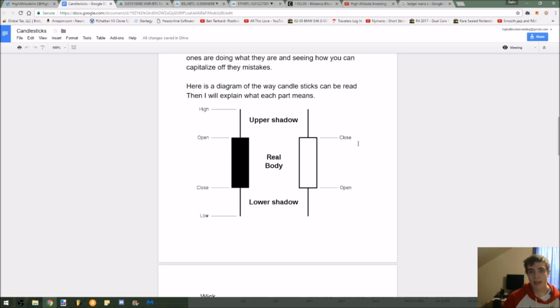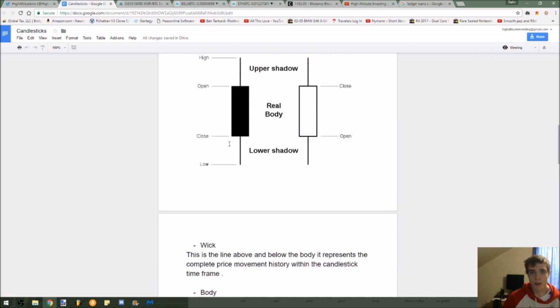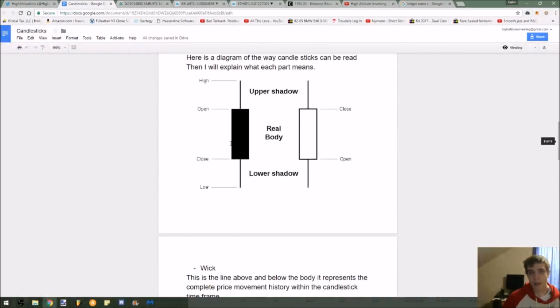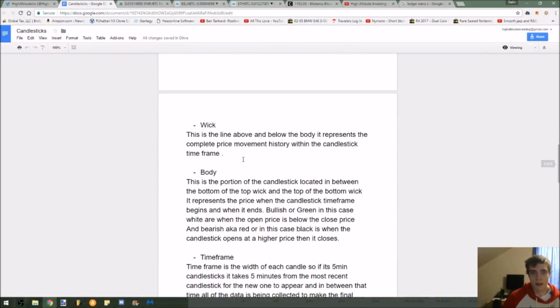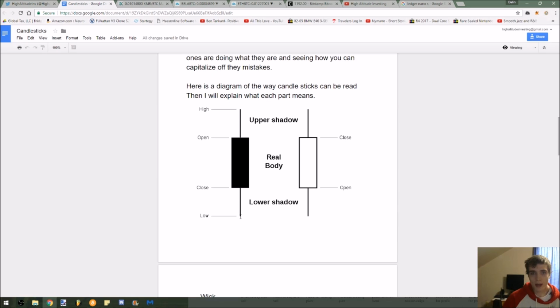So let's just say that these are 5-minute candlesticks. This wick at the very bottom was the lowest point that the price hit within a 5-minute period of time, and this wick up here was the highest point that the price hit in that period of time.